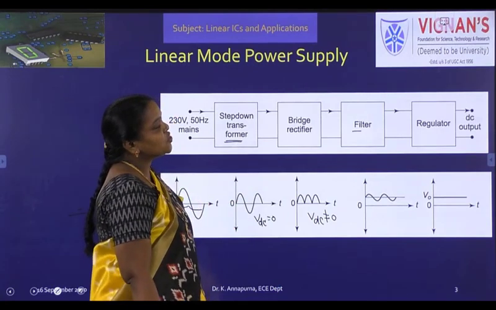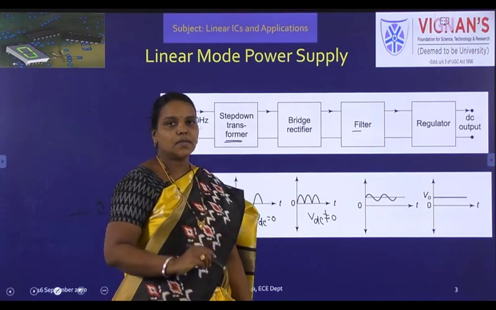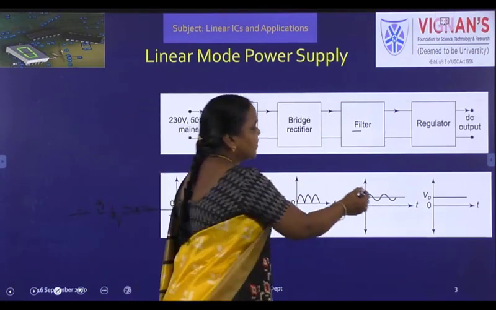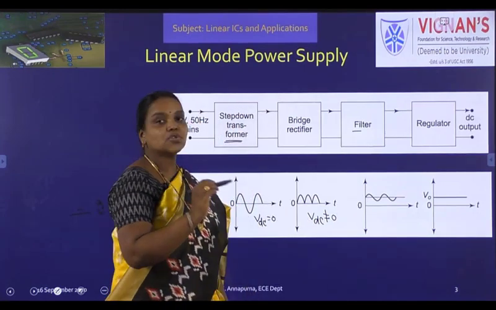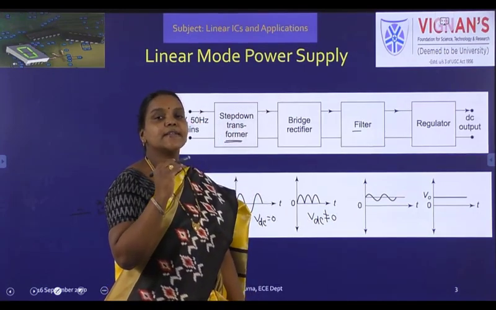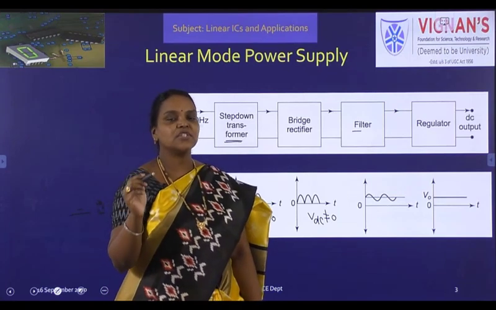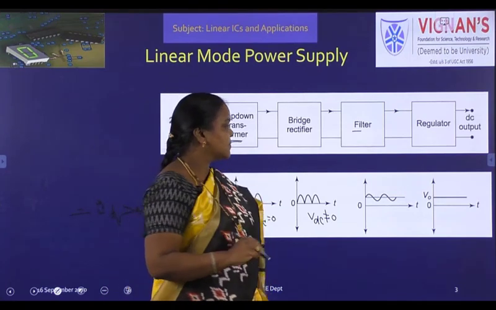Then what is the function of the regulator? The regulator will cancel out these ripples also, and it maintains constant output voltage irrespective of supply variations and load variations.